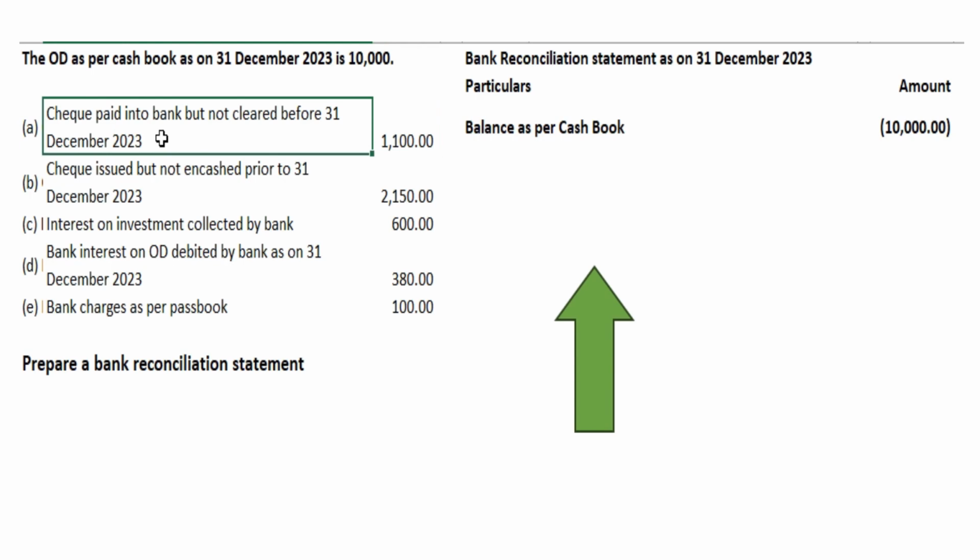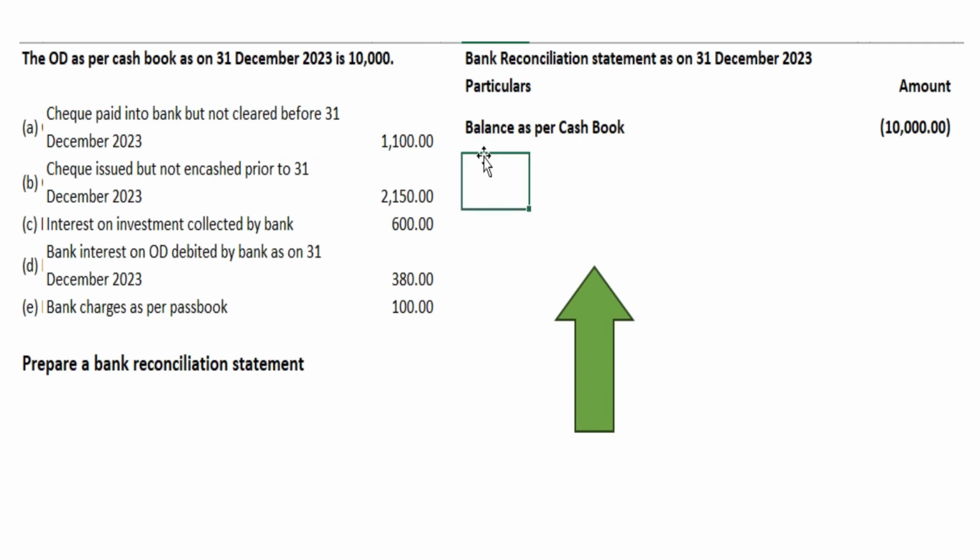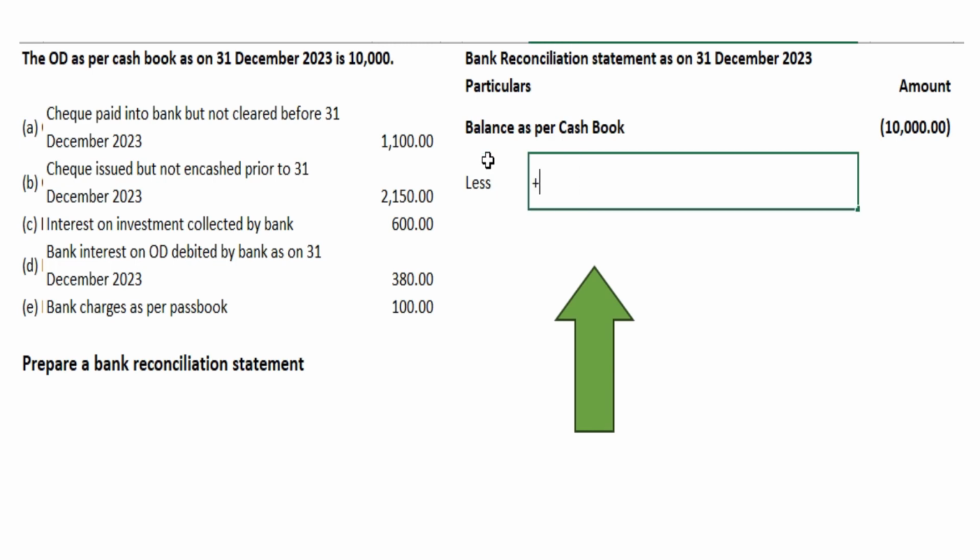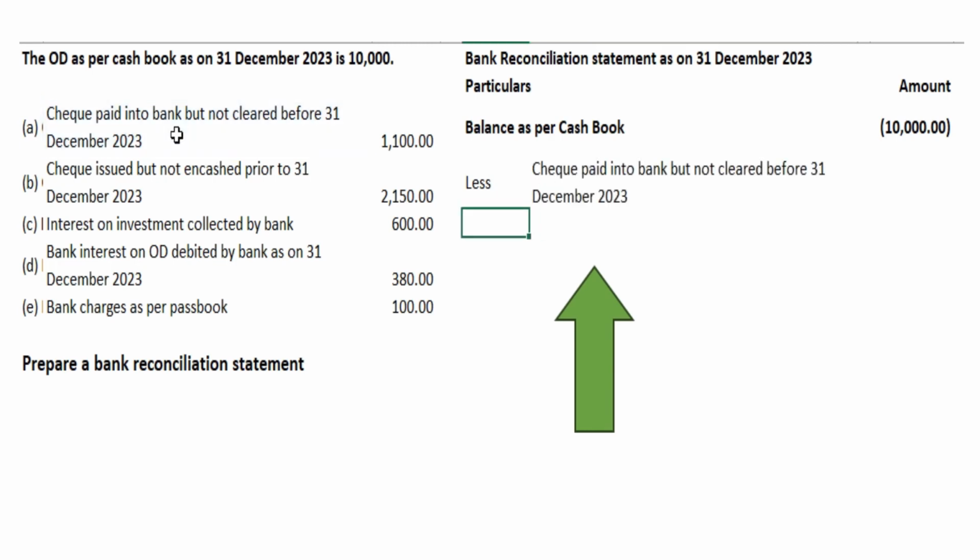The transaction is not complete as far as the bank is concerned. So in order to reach the bank's balance, we need to reverse what the accountant has done. He obviously increased his balance, so we need to decrease 1,100.